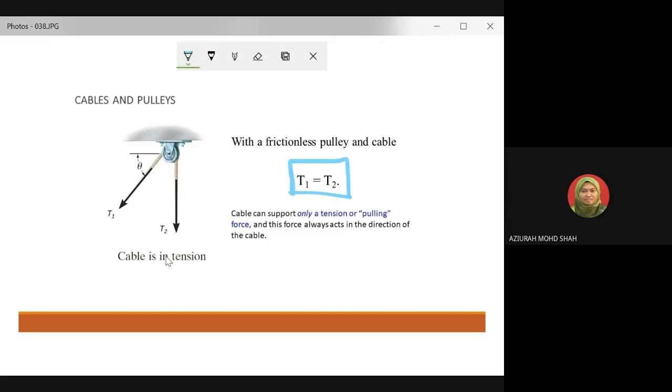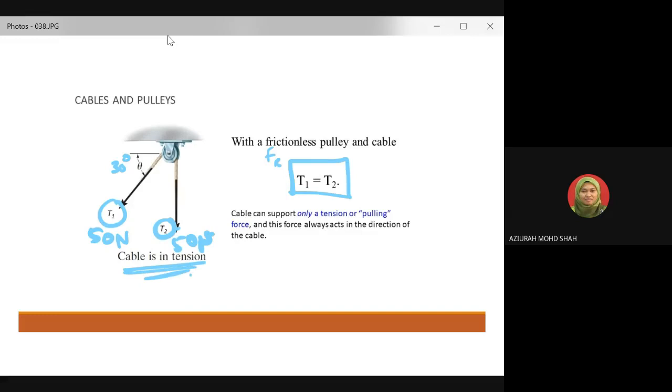If the cable passes through the pulley, you will get that the magnitude is similar. Here we know there is an angle, no problem. The difference is that if we split into X component and Y component, the components differ between T1 and T2, but the resultant FR is the same. So if here is 50 Newton, exactly this is 50 Newton.